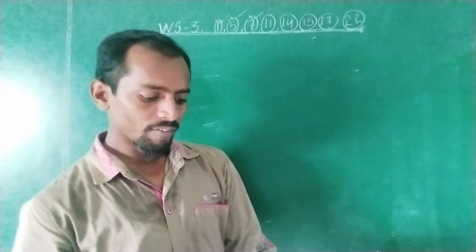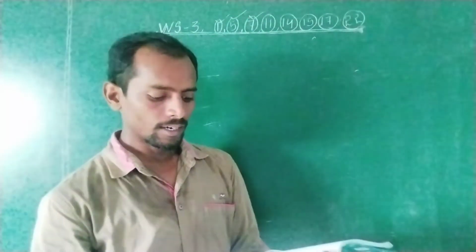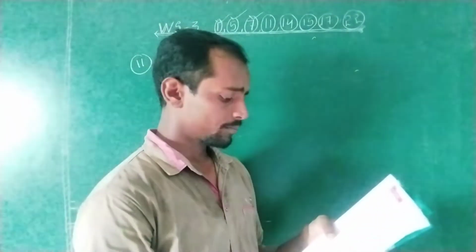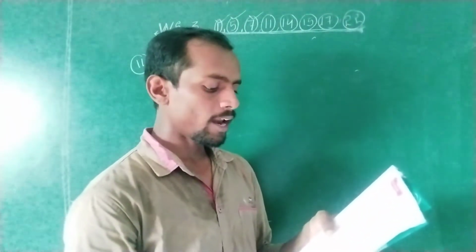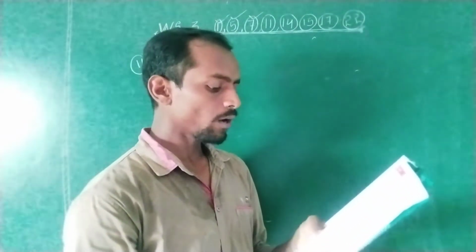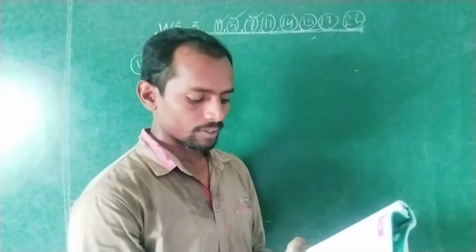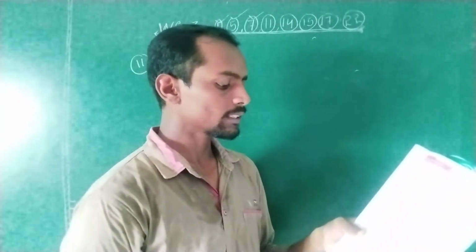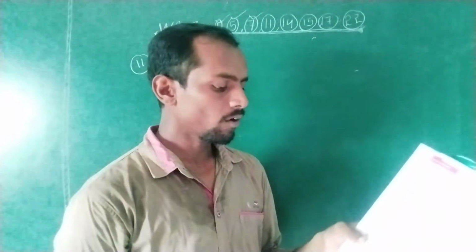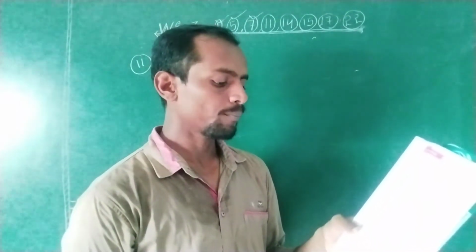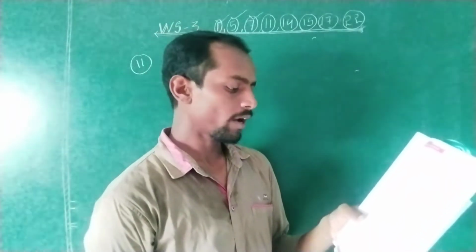Here problem number 11 is given like this. Level 3. If x is an element of whole numbers which is not present in the set of natural numbers, and y equal to 3 by 4 plus bracket of minus 5 by 6, then x plus y plus x into y is.